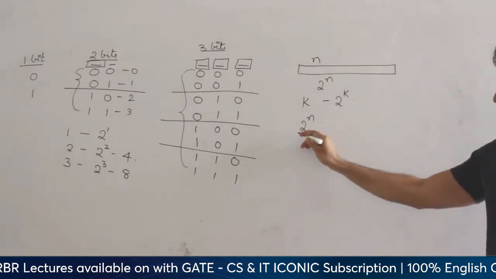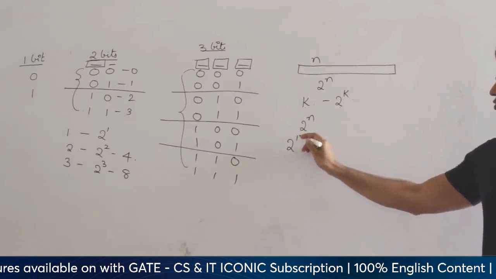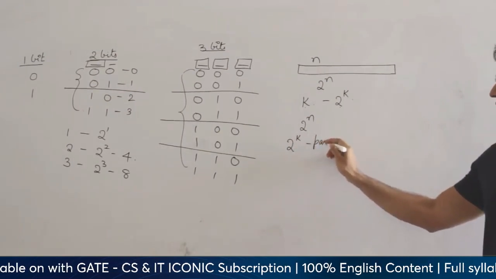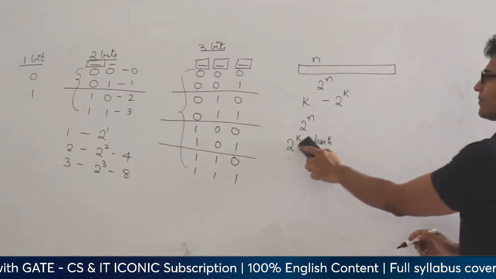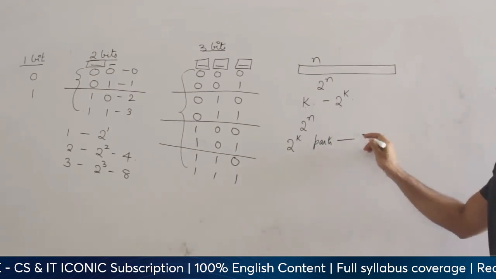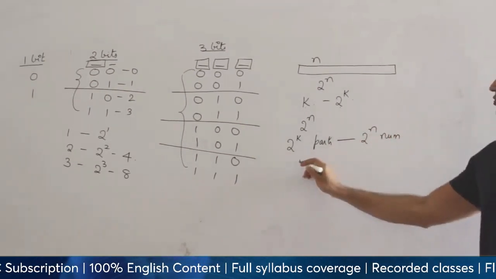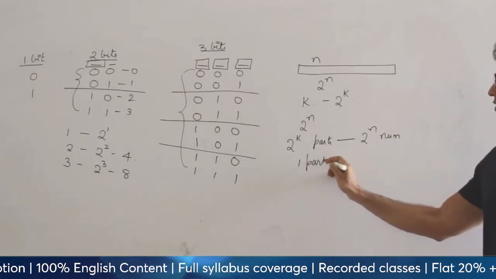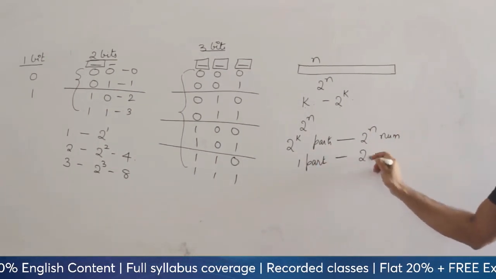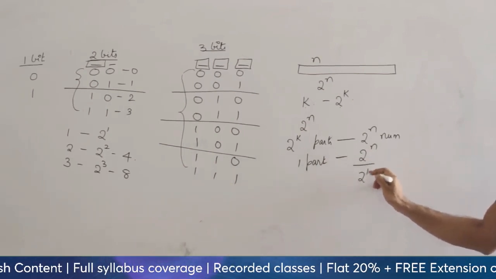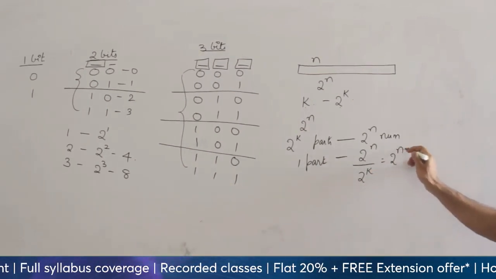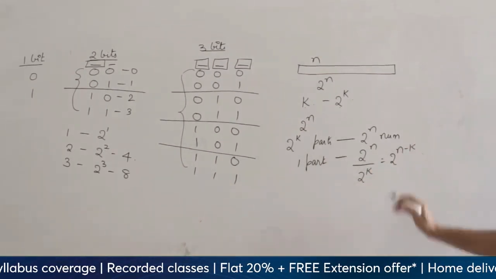Therefore what is the size of each part? We have 2 power k parts which contain a total of 2 power n numbers, isn't it? Then what will be the size of each part? Each part size will be 2 power n divided by 2 power k, which is nothing but 2 power (n minus k). So this is important.